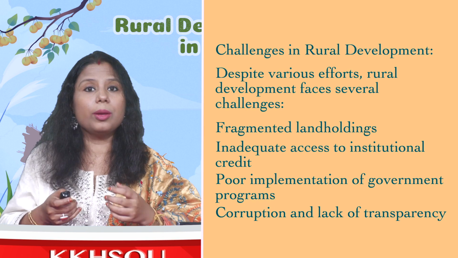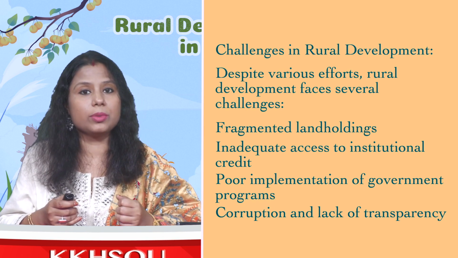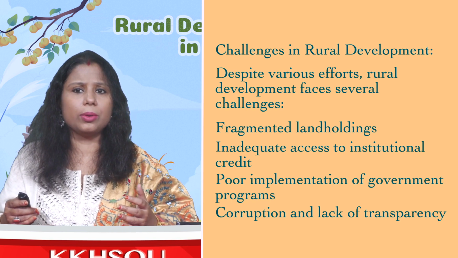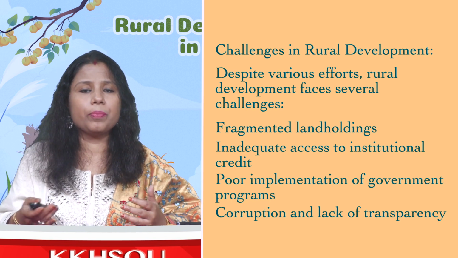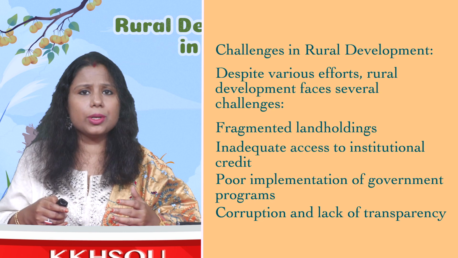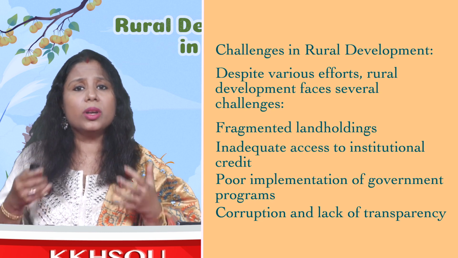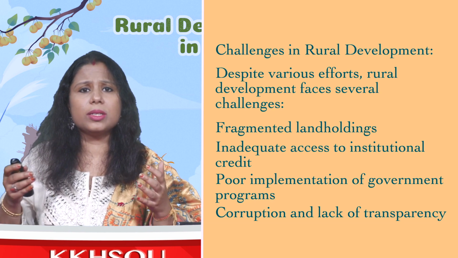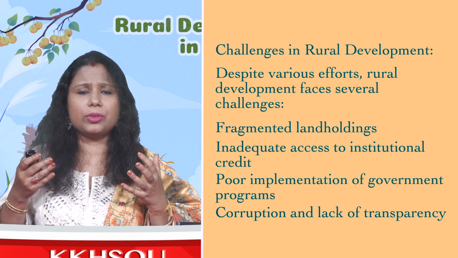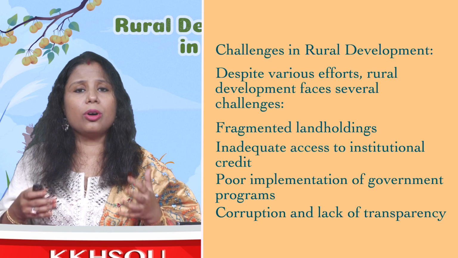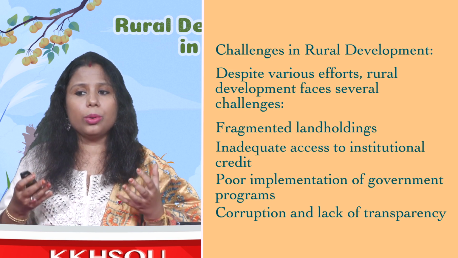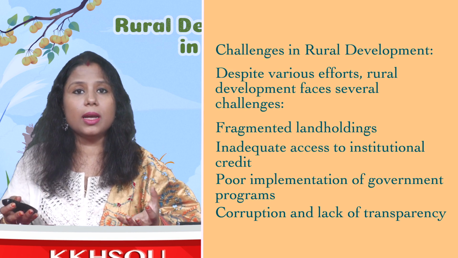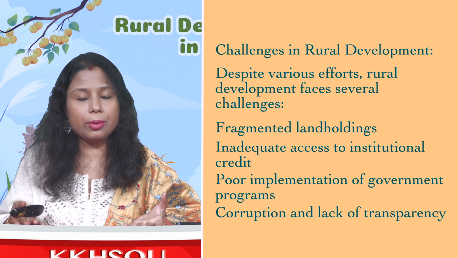Then there is poor implementation of government programs. Studies have shown that due to various reasons like bureaucratic hassles, corruption, lack of proper monitoring, lack of proper implementation, and lack of transparency, government programs, though designed with goodwill, are not implemented properly at the grassroots levels.